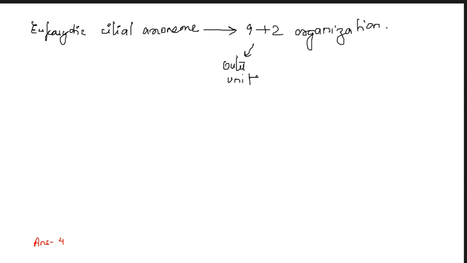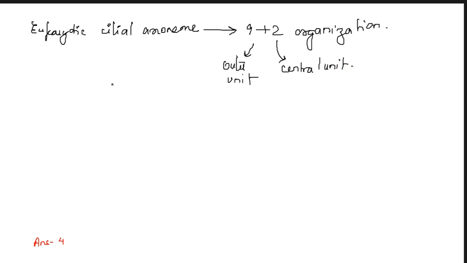Ciliary axoneme, what kind of arrangement does it show? 9 plus 2 organization. In this 9 plus 2 organization, the 9 is the outer unit and the 2 is the central unit. Got it?